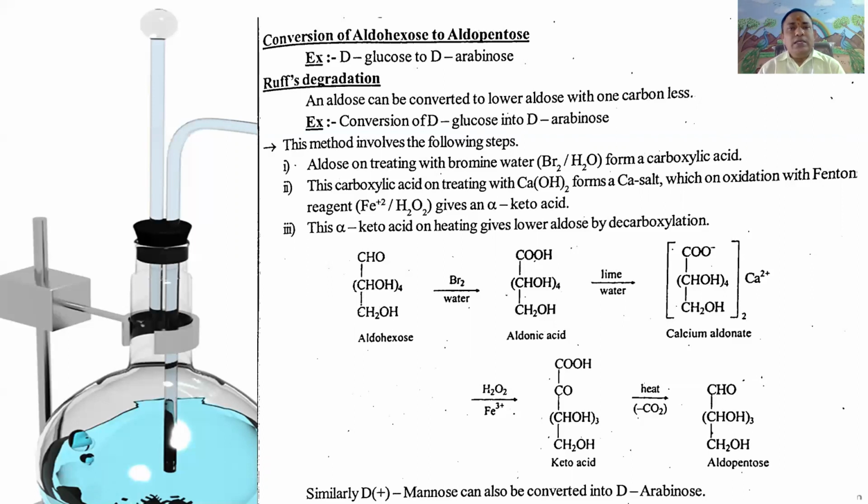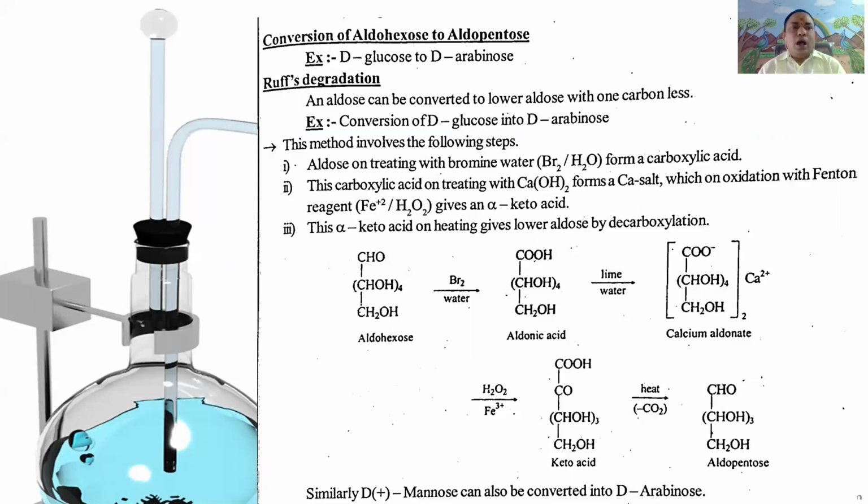That means decreasing the carbon atom, or preparation of lower carbon containing aldopentose from aldohexose. This method involves the following four steps.